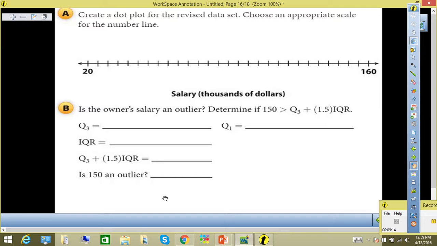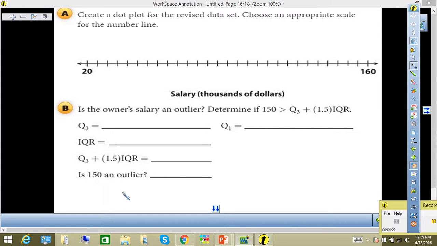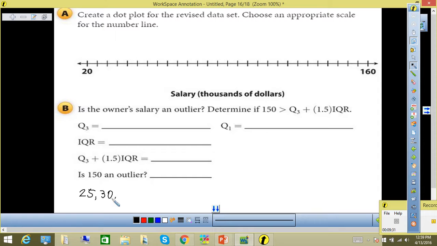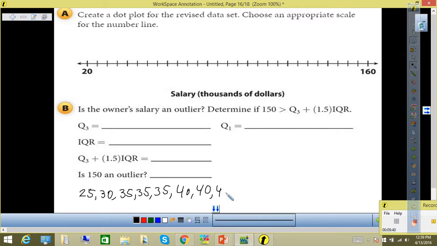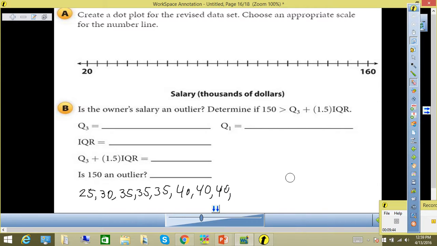I need, let's see, Idalis, can you read me the data set, please? Yes. 25, 30, 35, 35, 35, 40, 40. Only 2 40s? Is it 2 40s or 3? 3.